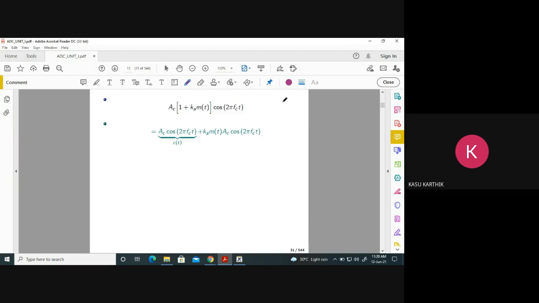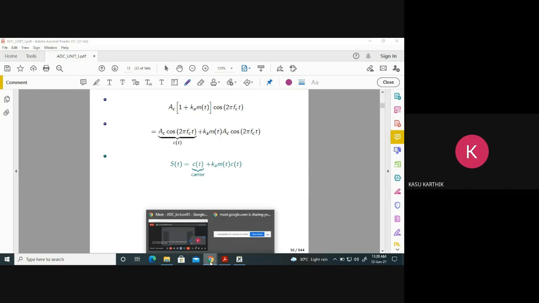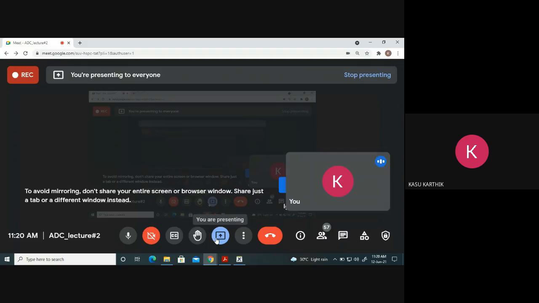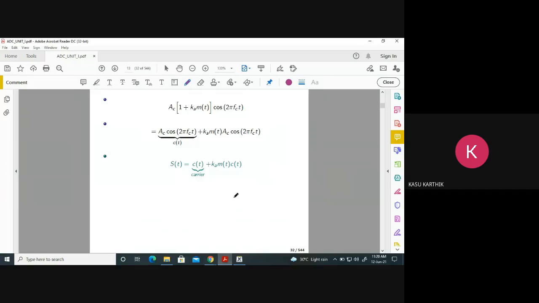If you expand this, what do you get? Ac (1 + Ka m of t) cos 2 pi fc t equals Ac cos 2 pi fc t plus Ac Ka m of t cos 2 pi fc t. Now, what is Ac cos 2 pi fc t? That is nothing but c of t, the carrier or unmodulated carrier, the carrier before modulation.